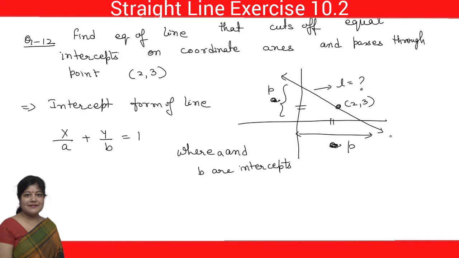So we have x by r, y by r, because both the intercepts are equal. That means A is equal to B is equal to r. I will take a different letter, so I will take r.